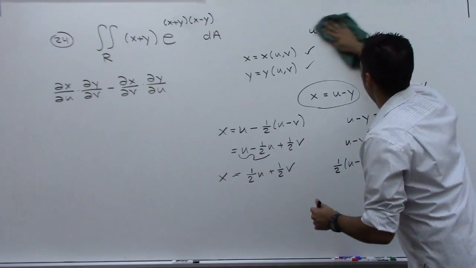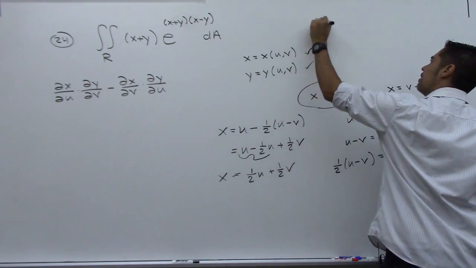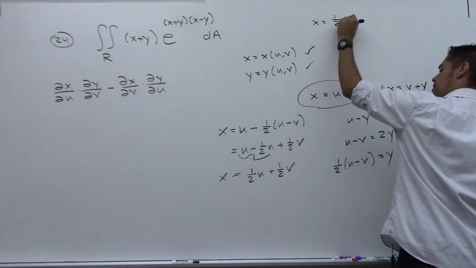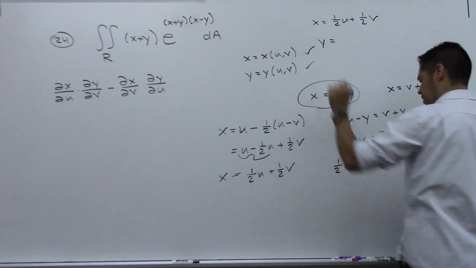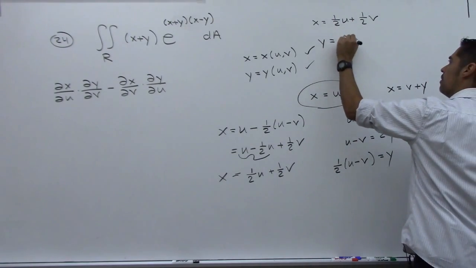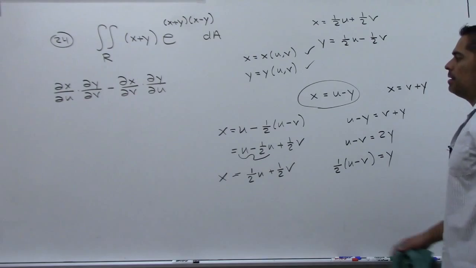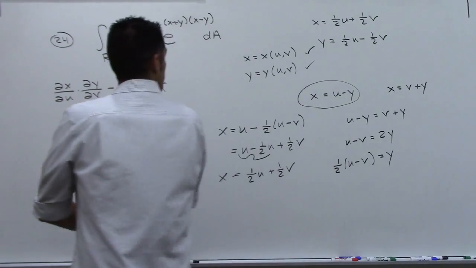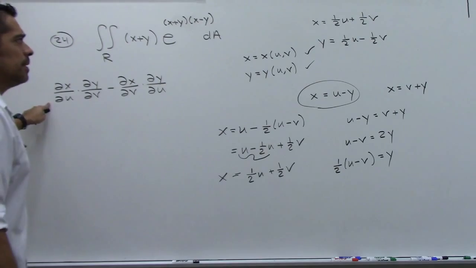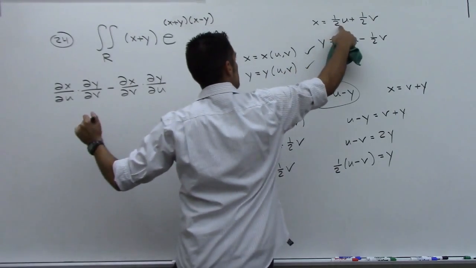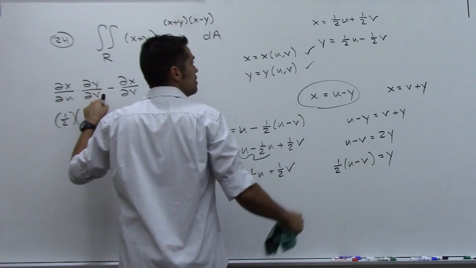So let me rewrite that up here. I have that x is equal to 1/2 u plus 1/2 v, and I have that y is equal to this. I'll distribute: 1/2 u minus 1/2 v. Now I can come up with the Jacobian determinant. It's going to be partial of x with respect to u, which is this 1/2, times partial of y with respect to v.